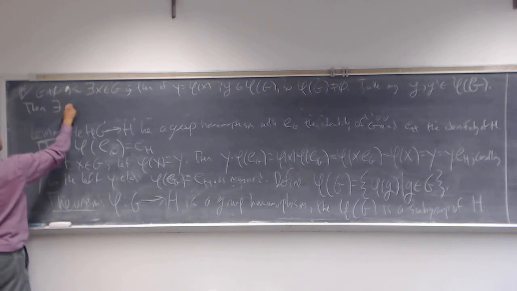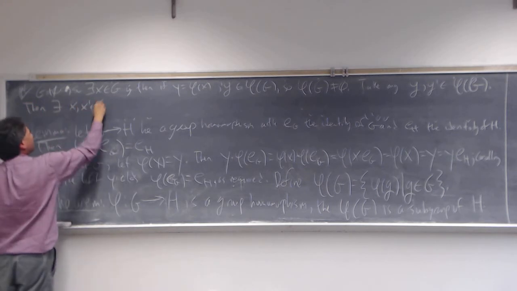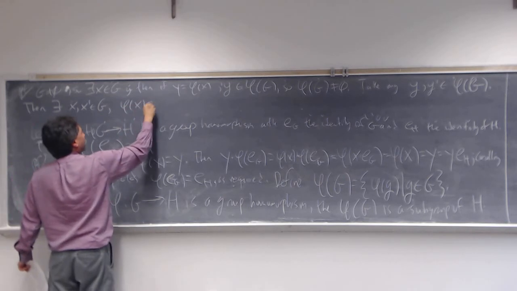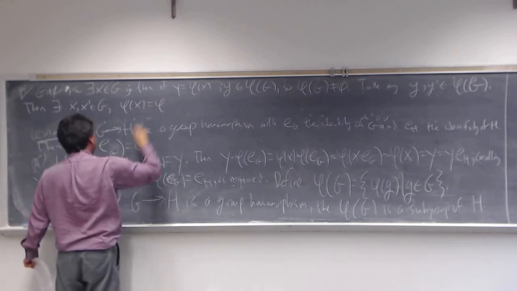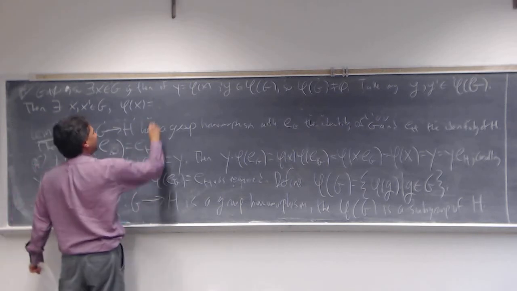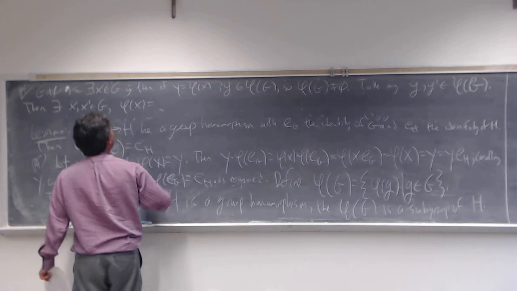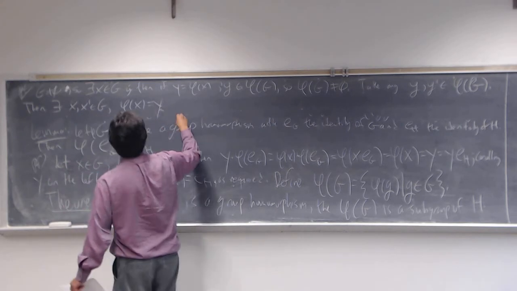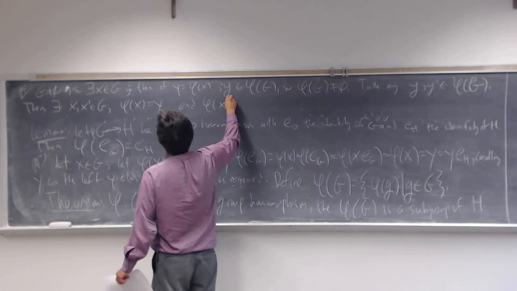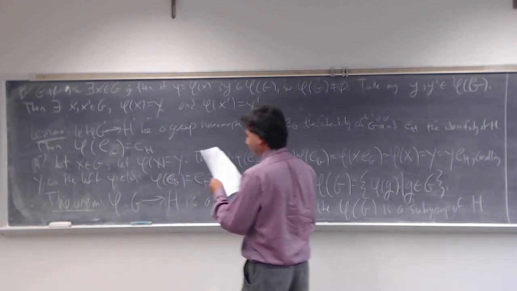That means there have to exist some x and x prime in G, in the domain, such that phi sends x to y, and phi sends x prime to y prime.